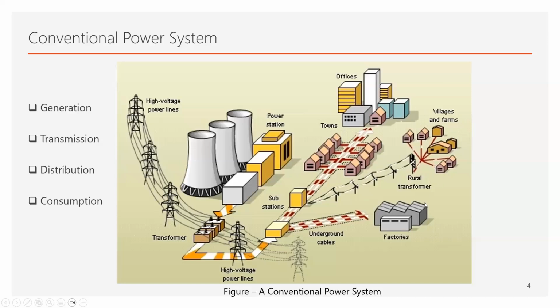So these are different types of loads. But if we look at this picture closely, we can see that the power stations are situated quite far from the load centers. These are different kinds of loads, but they get power from very far away. We have power stations that generate electricity, and that is called the generation section.